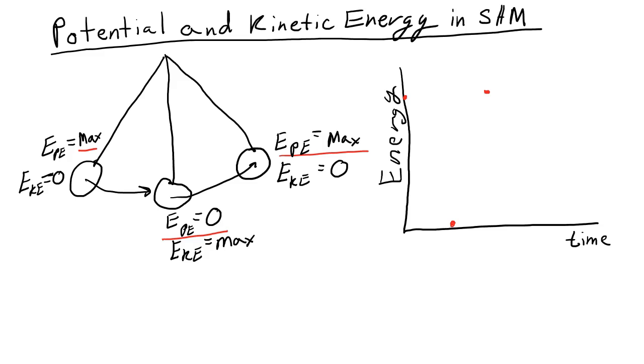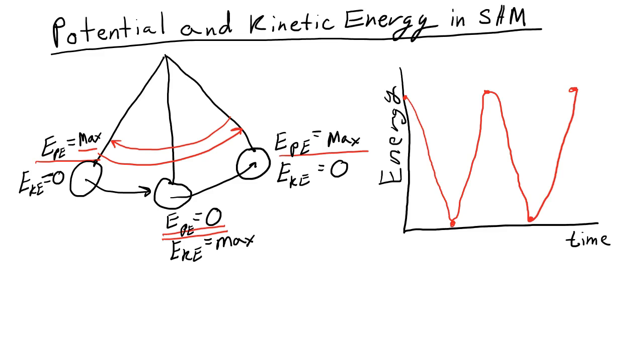Remember that this is only one half of the period of our pendulum's oscillation. When we swing back, we repeat the process. We went from maximum, return once again to zero, and finish once again at maximum. We connect our lines, and that gives us our potential energy graph.